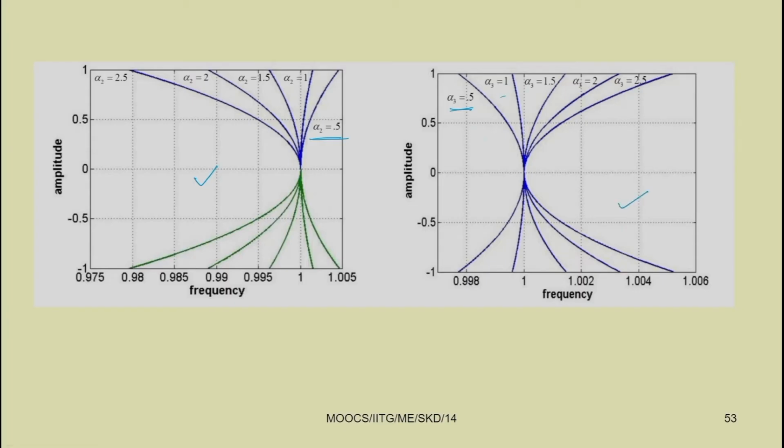Here different values of amplitude you can get by taking different values of alpha 3. You can see this response amplitude not only depends on omega, it also depends on the values of alpha. So, with different values of alpha 2 and alpha 3, we can get different values of amplitude.